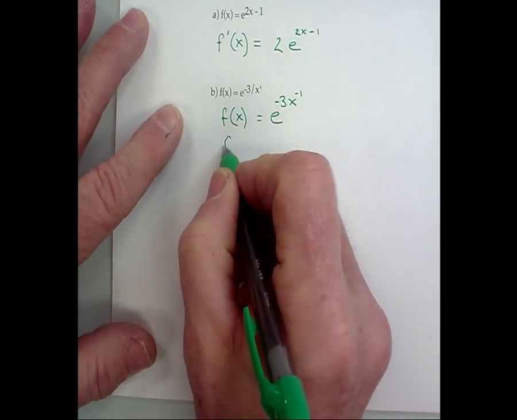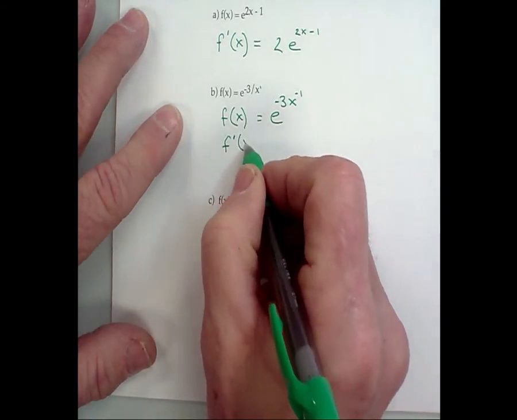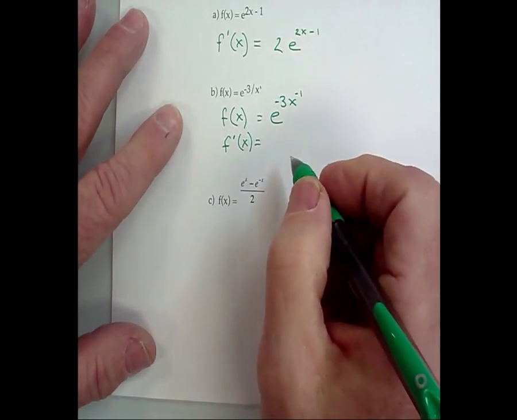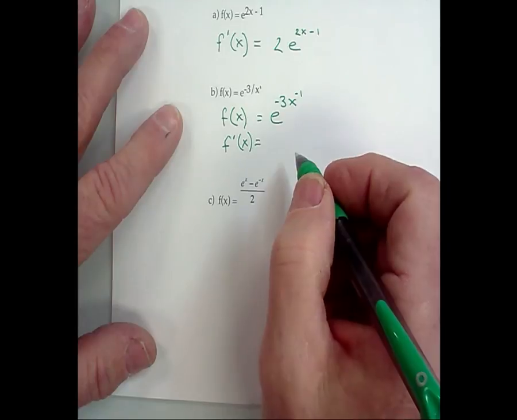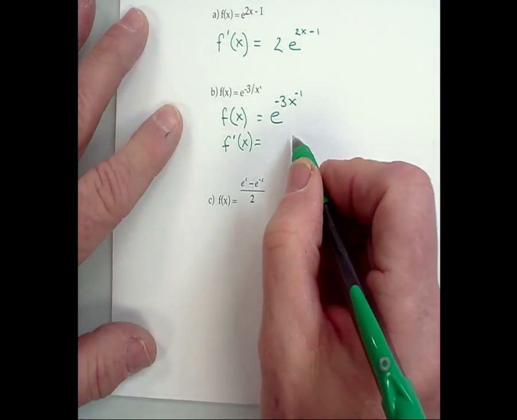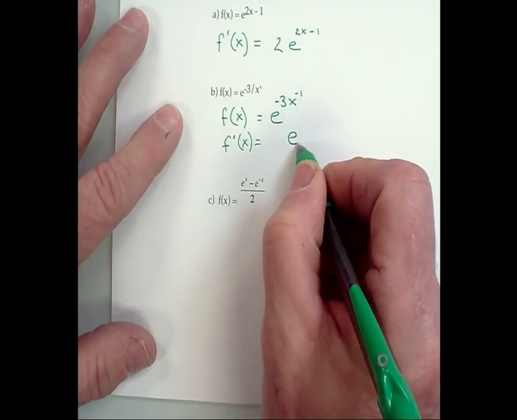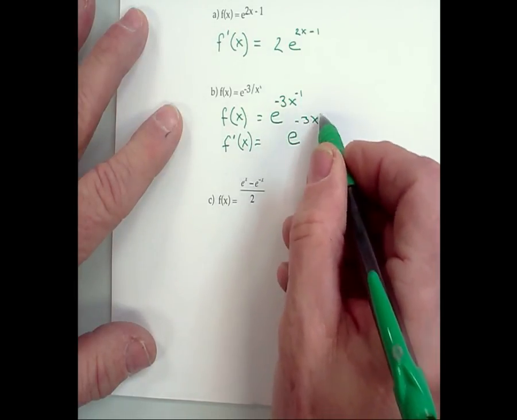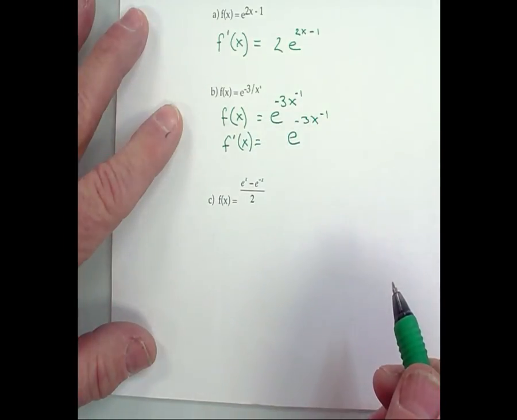So if we take the derivative, what will we get? Well, we're guaranteed to have e to the negative 3 x to the negative 1, right? Guaranteed to have that function.